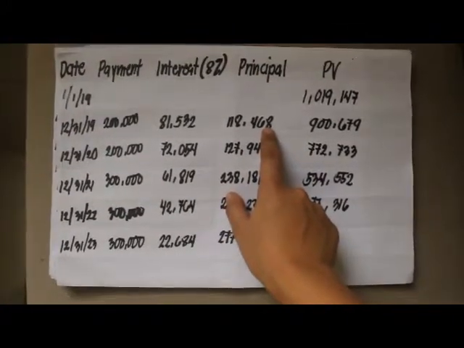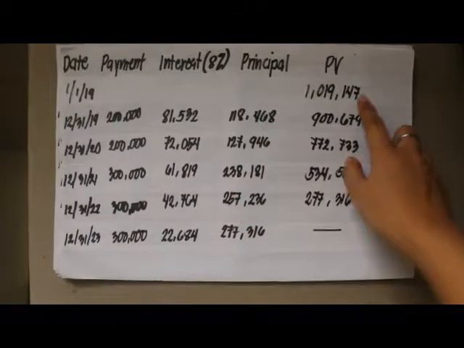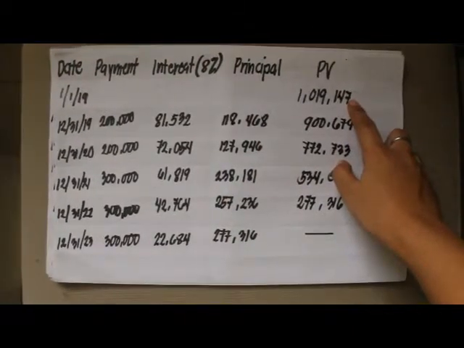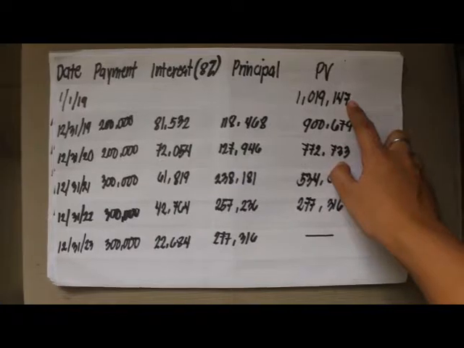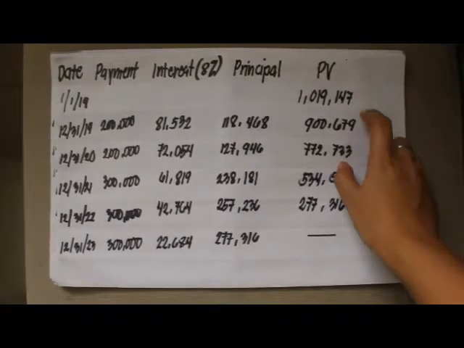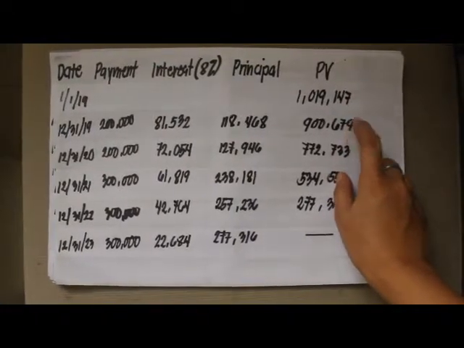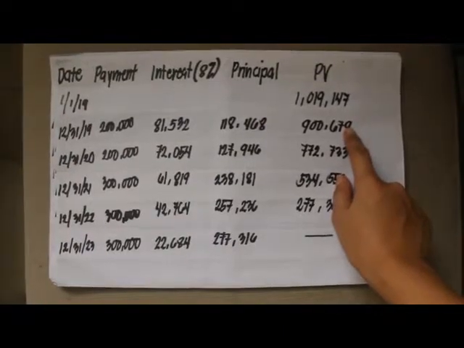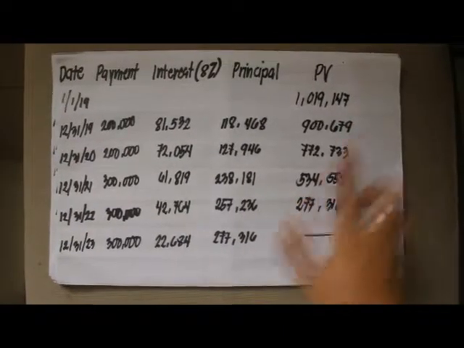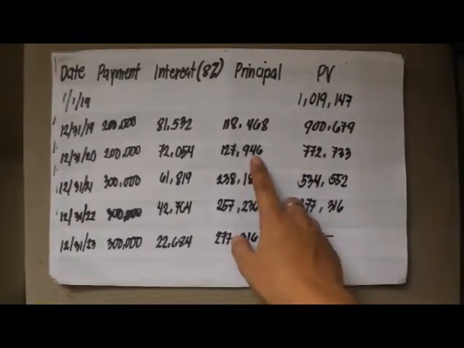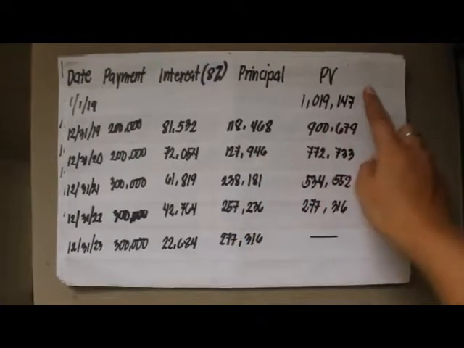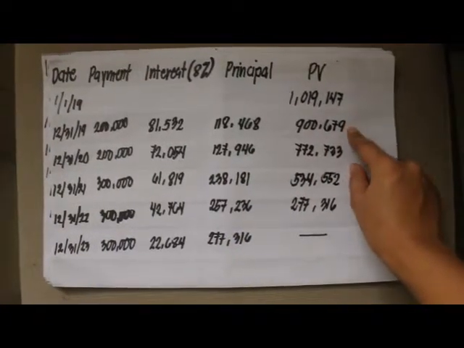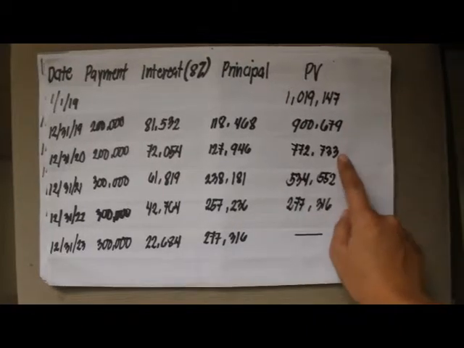Minus lang to sa previous balance ng lease liability na 1,019,147 para makuha ang current amount ng ating lease liability na 900,679. I-multiply lang ulit ito sa ating interest rate at i-minus sa annual payment para makuha ang principal amount, and then i-minus ulit sa previous value ng ating lease liability para makuha ang current amount.